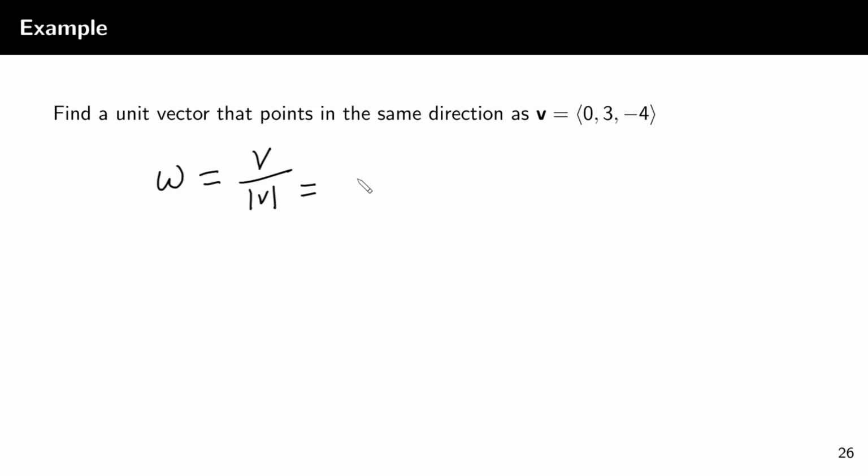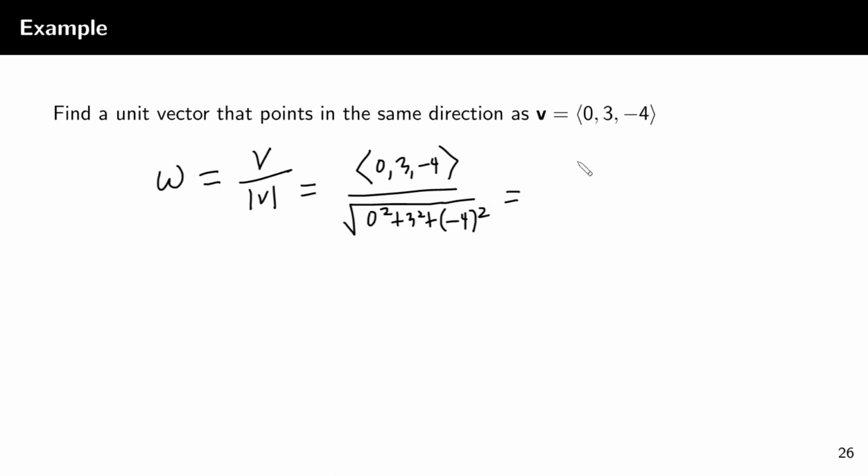So that's equal to the vector with components 0, 3, negative 4 divided by the magnitude of v, which is the square root of 0 squared plus 3 squared plus negative 4 quantity squared.